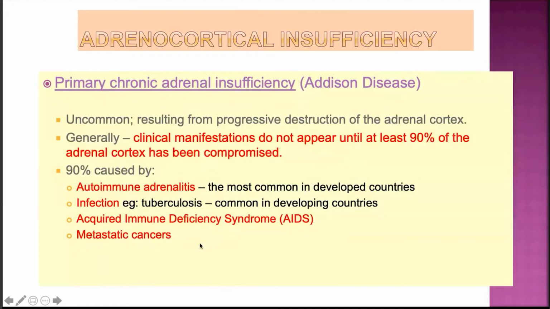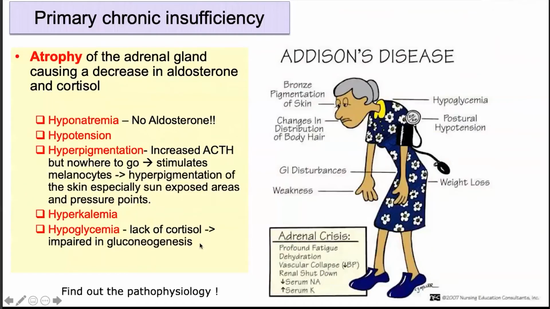The clinical manifestations of Addison disease include hyponatremia, hypotension, hyperpigmentation due to increased ACTH, hyperkalemia, hypoglycemia. You can just imagine this picture, a lady with bronze-colored skin.